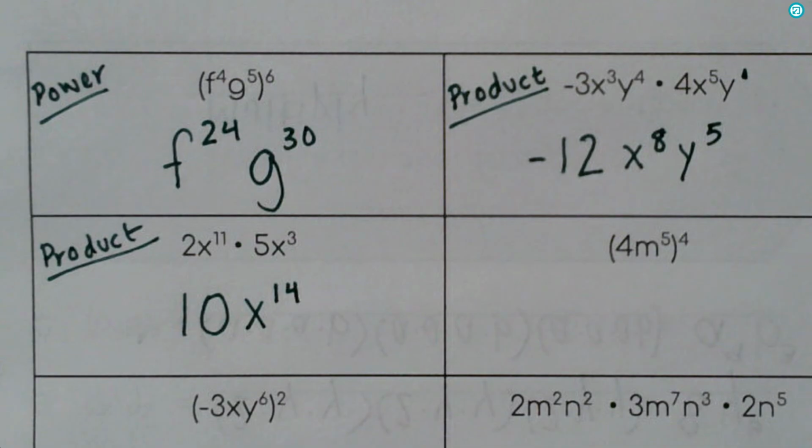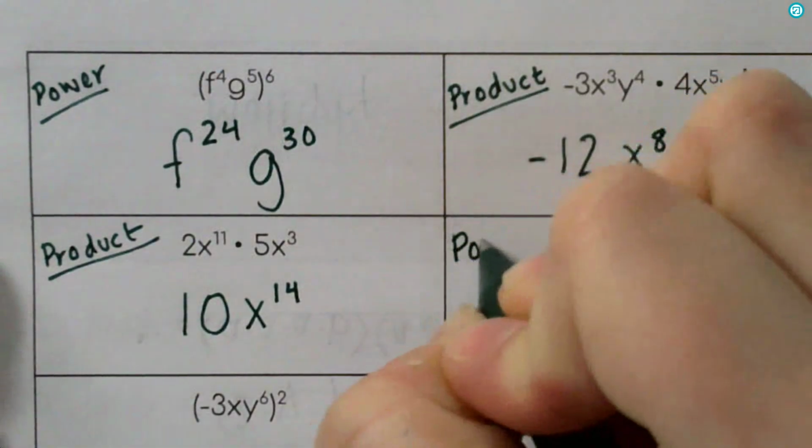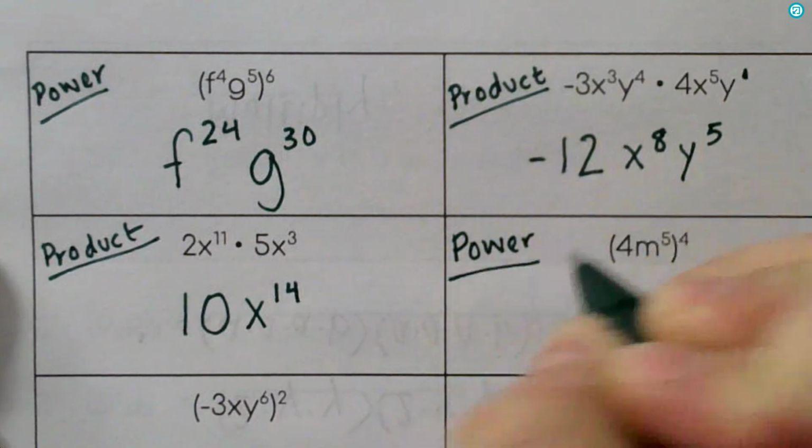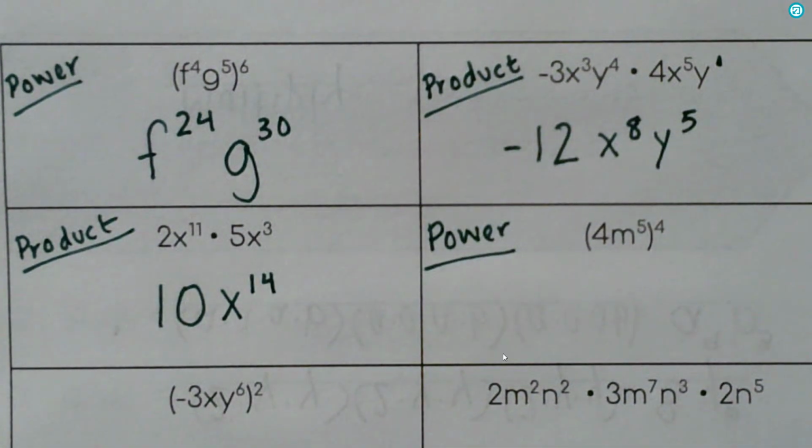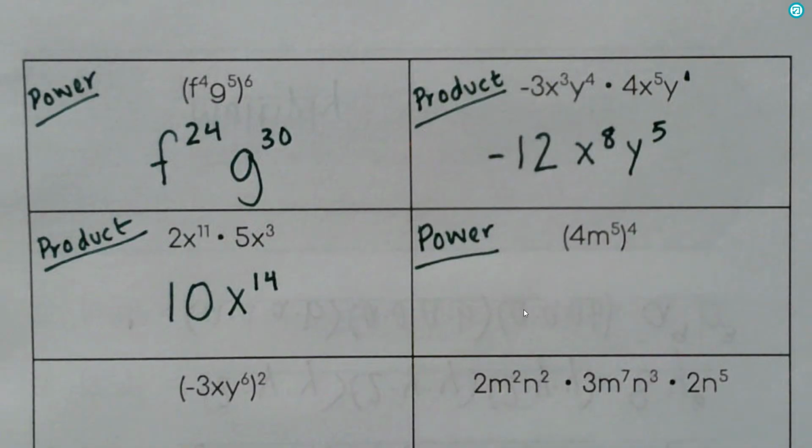Okay, next one, I've got power rule because I'm taking everything that's in those parentheses to the 4th power. First thing that I need to deal with is 4 to the 4th power, which I do not know off the top of my head. You can figure it out by doing 4 times 4 times 4 times 4.